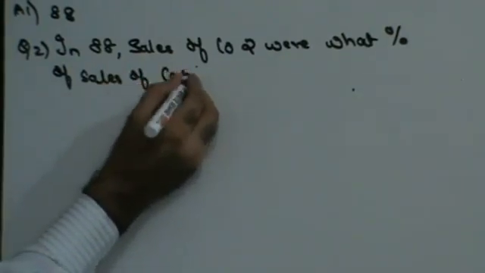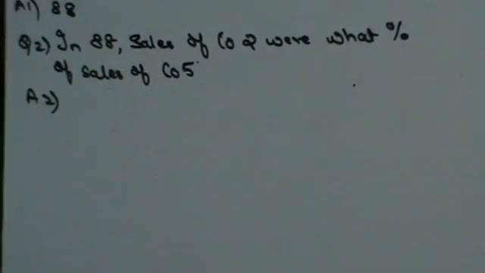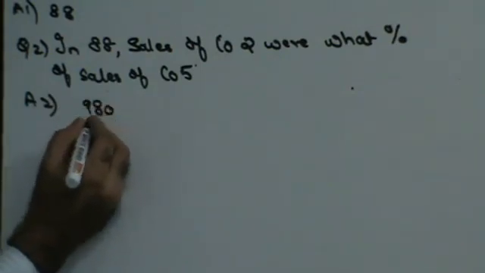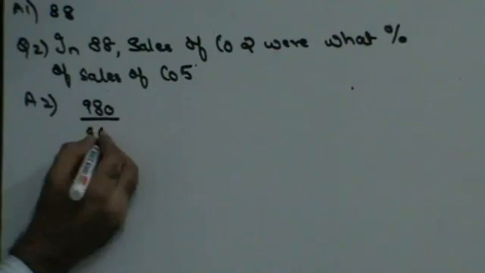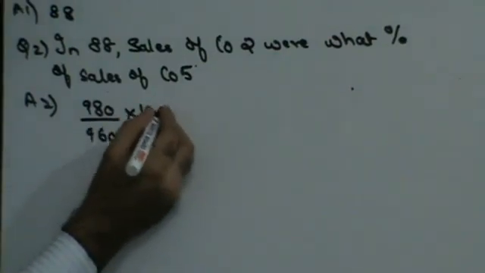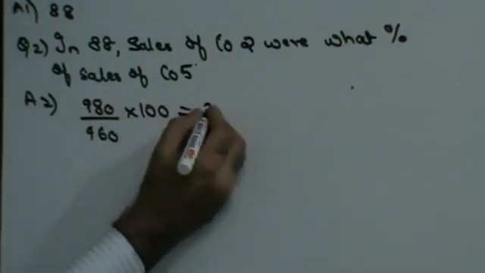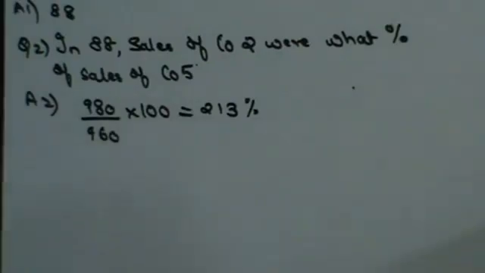In the year 1988, sales of company 2 is 980. Is what percentage of sales of company 5? 460 into 100. When you simplify this, this should come to approximately 213%. So sales of company 2 was 213% of sales of company 5.